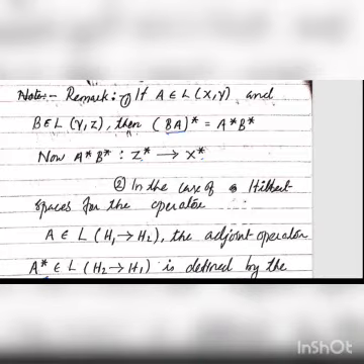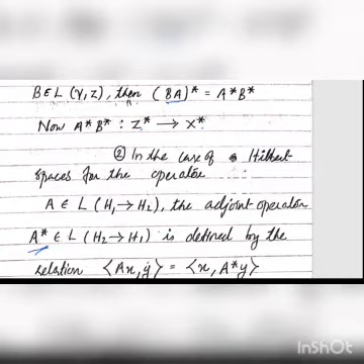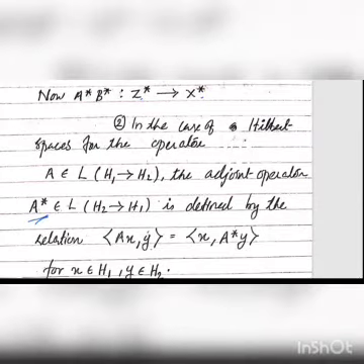A star, which belongs to the linear space of H2 to H1, is defined by the relation (Ax, y) equal to (x, A star y), for x belongs to H1 and y belongs to H2.